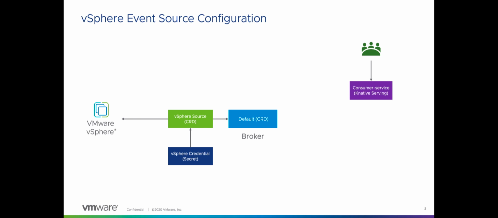Now there's a whole bulk of events that is coming out of VMware vSphere. There's at least a gazillion event types that are coming through that broker. So we can filter out these events based on a trigger. Now we might be interested in very specific events that are coming from VMware vSphere.